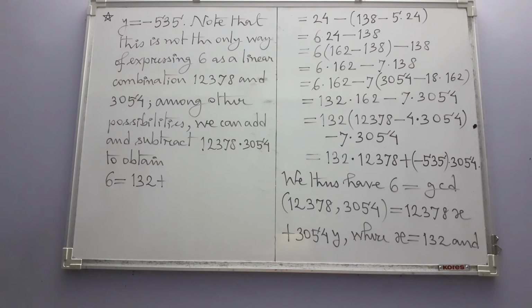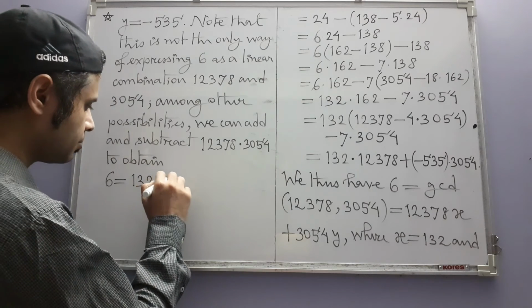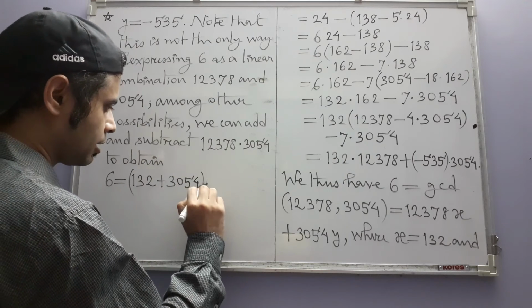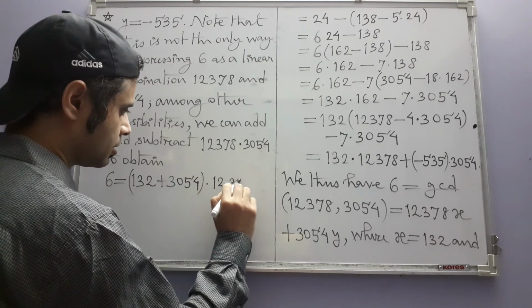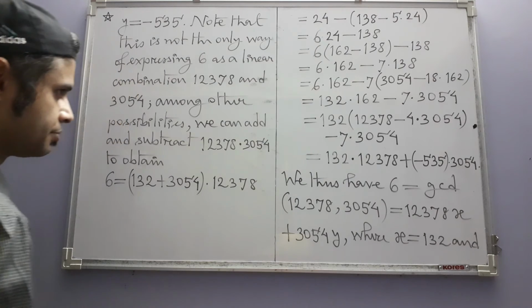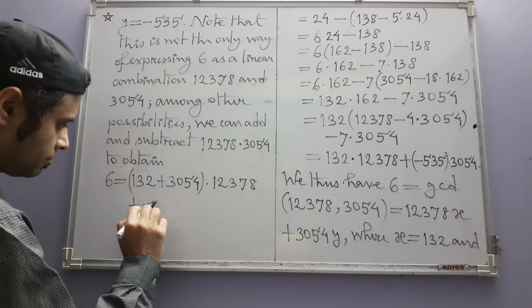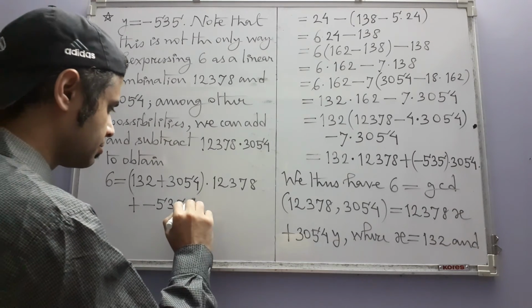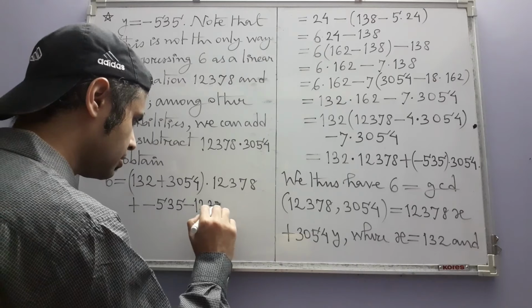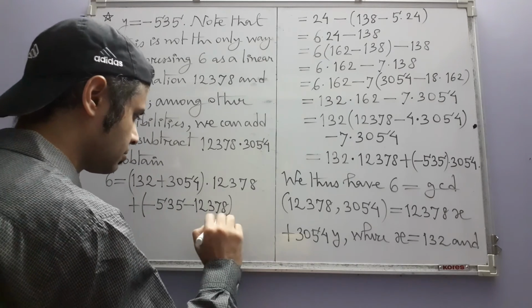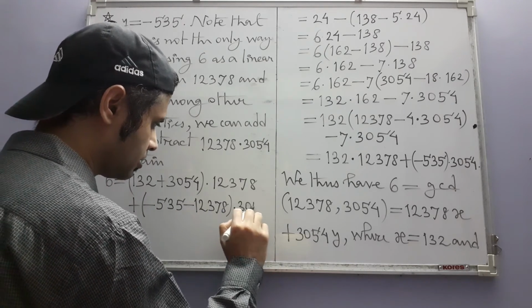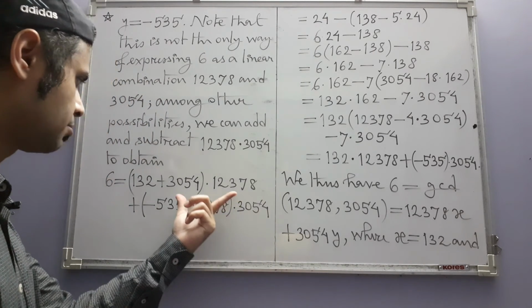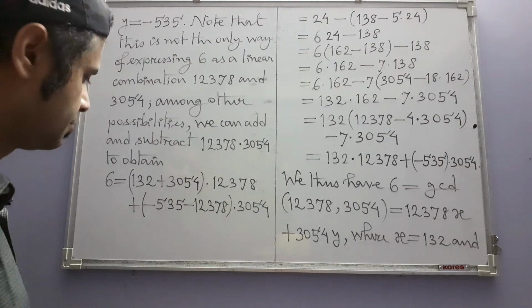So with this, 3054 times 12,378 plus minus 535 minus 12,378 times 3054, so that minus this plus this, they cancel out.